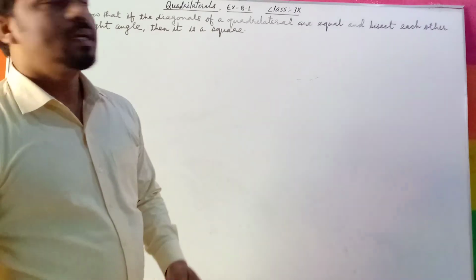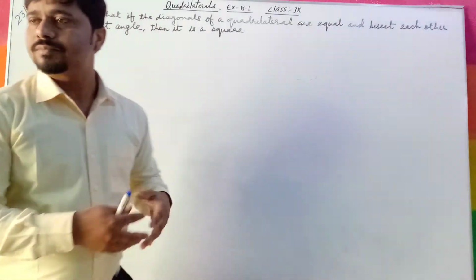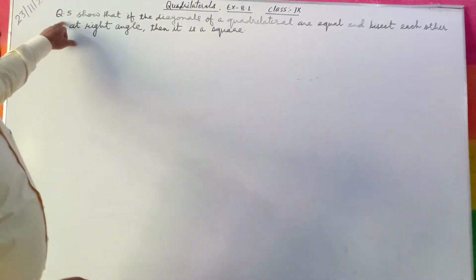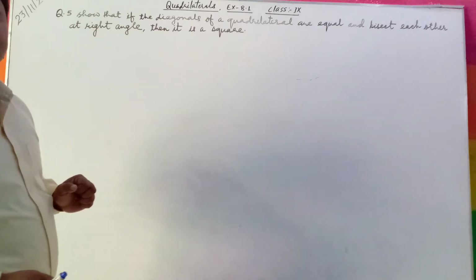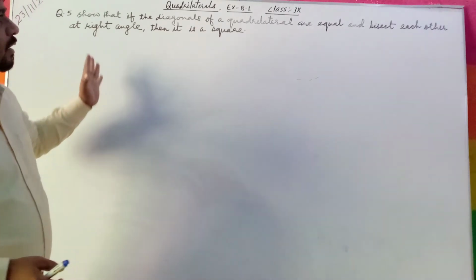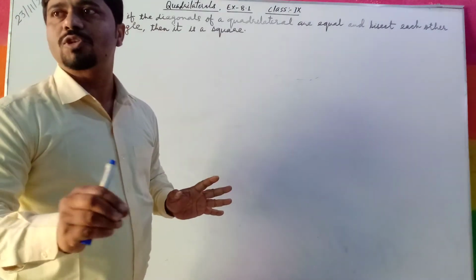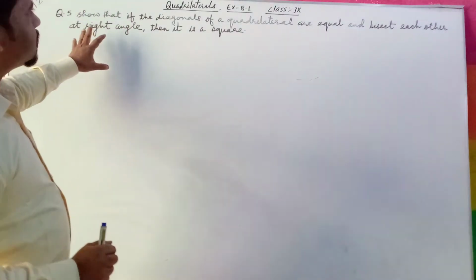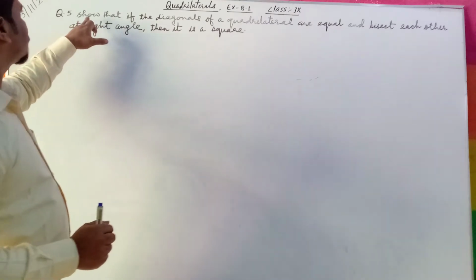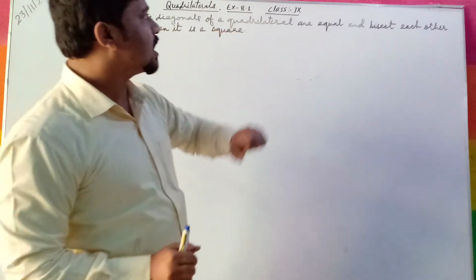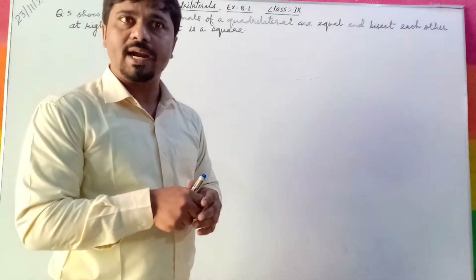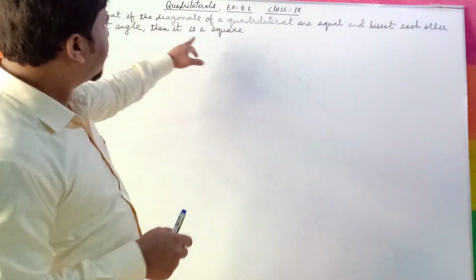Okay, children. Let's see another question. Question number 5 of this exercise, and you will see this question is just the converse of the previous question number 4. The question is, if the diagonals of a quadrilateral are equal and bisect each other at right angles, then it is a square.